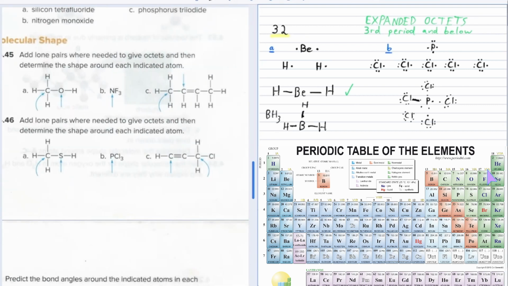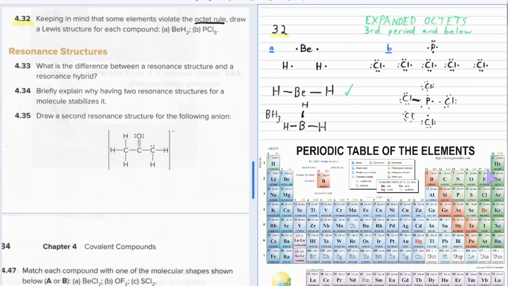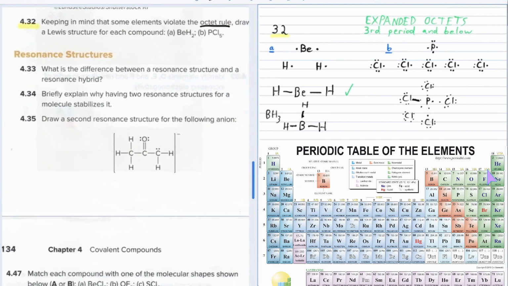So, oops, let me get that back there. Pair them up, try to keep this kind of neat. And then over here, okay, that first one is a little sloppy.